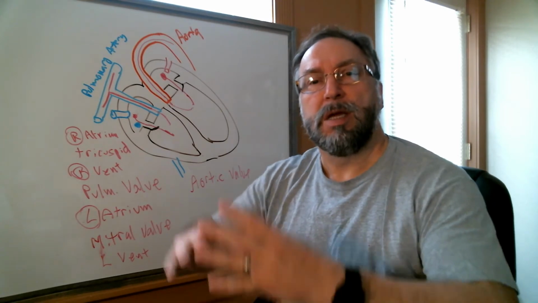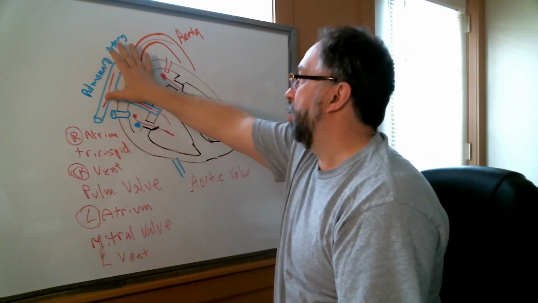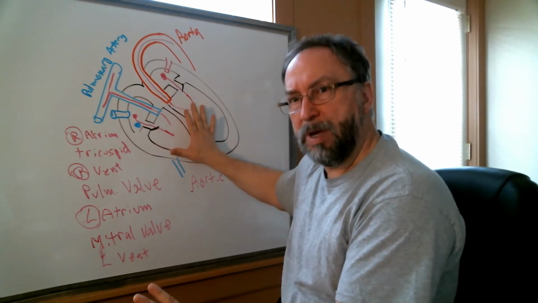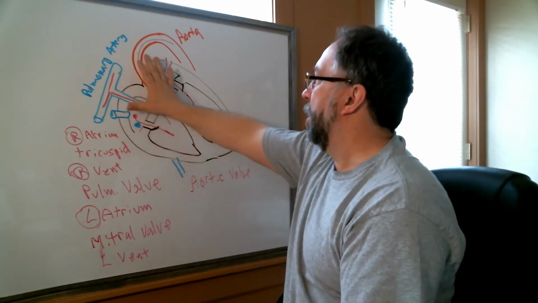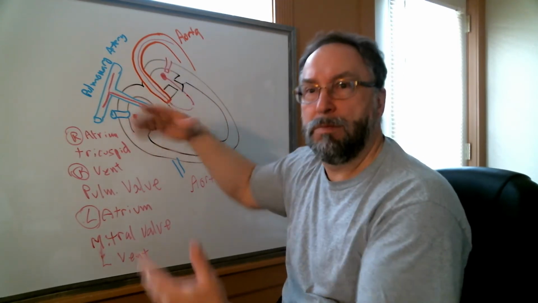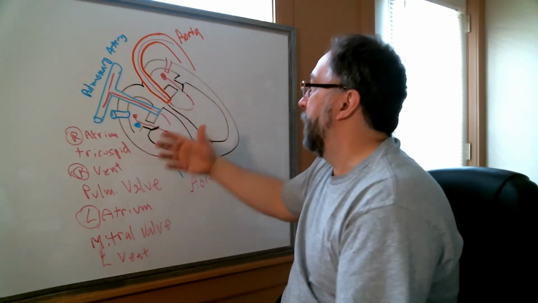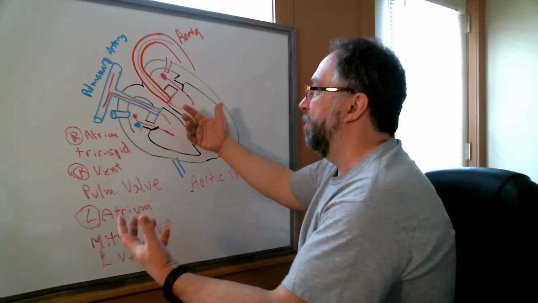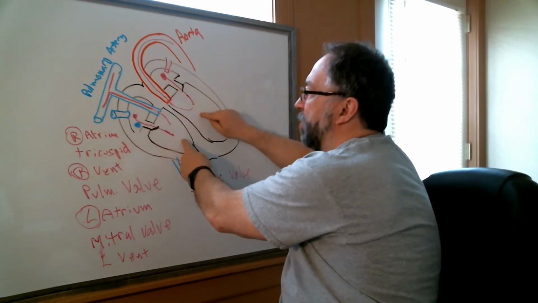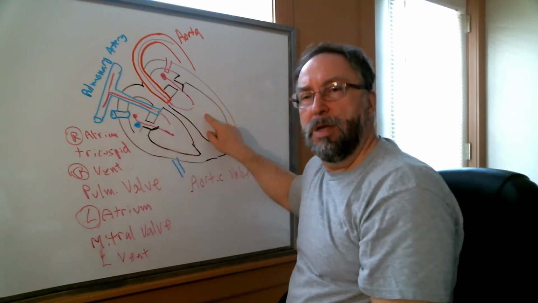During diastole, the entire heart fills. It's not pumping now. Both ventricles and both atria fill up. And after they're both full, the atria contract and pump down into the ventricles.